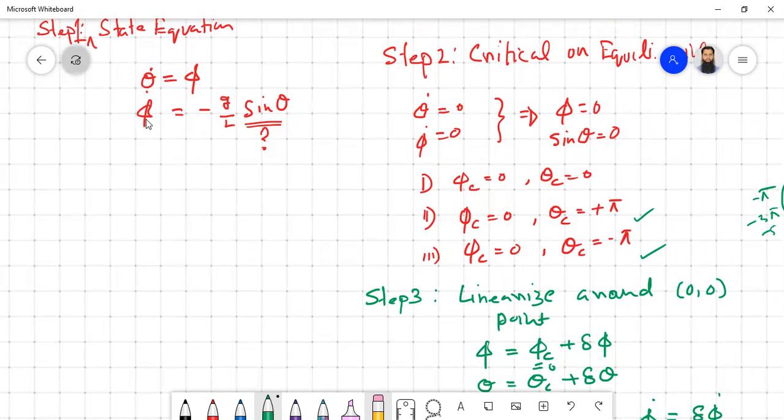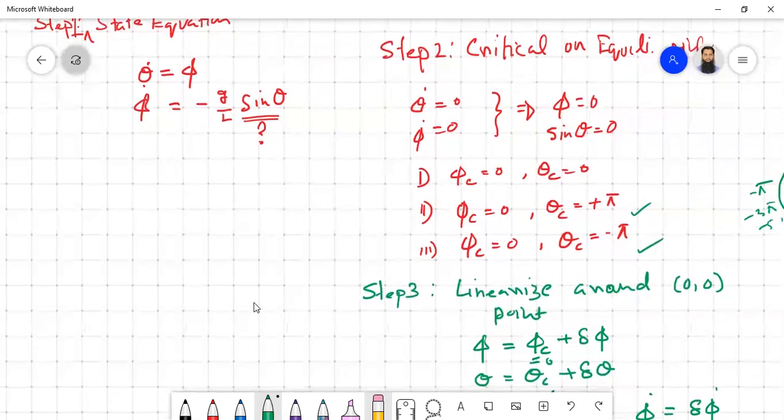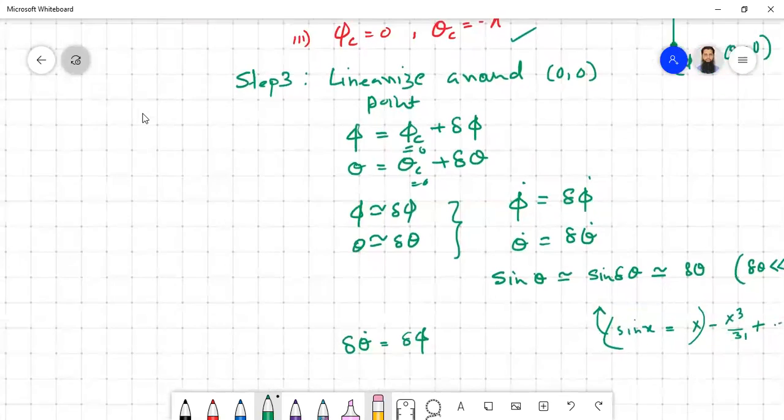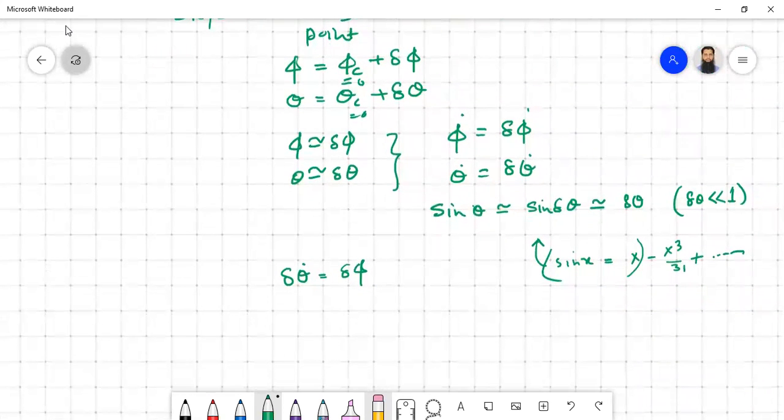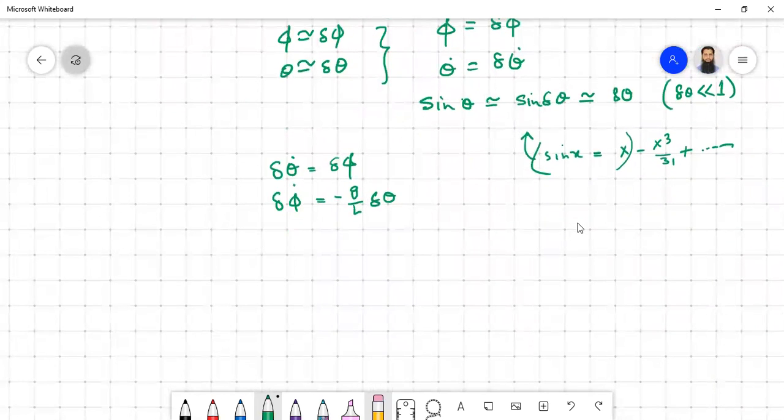Similarly here, phi dot equal to this parameter, so sine theta will be simply replaced by del theta. So we'll have the equation like this: del phi dot equal to minus g by L del theta. Now from this we can represent this in vector form. So say this is our vector.